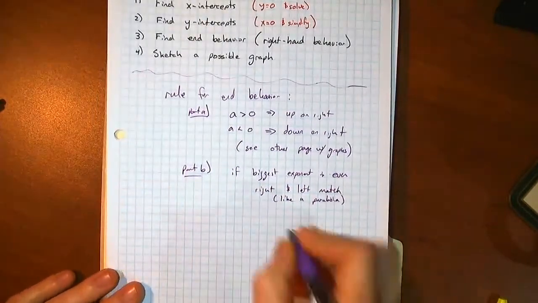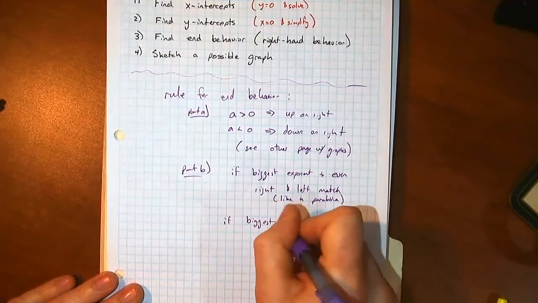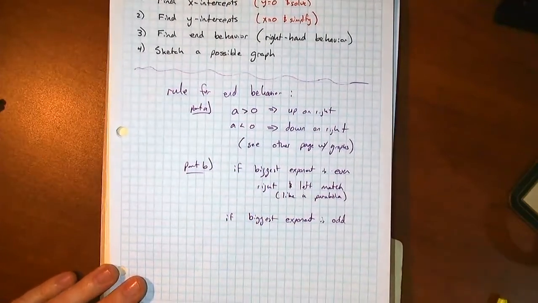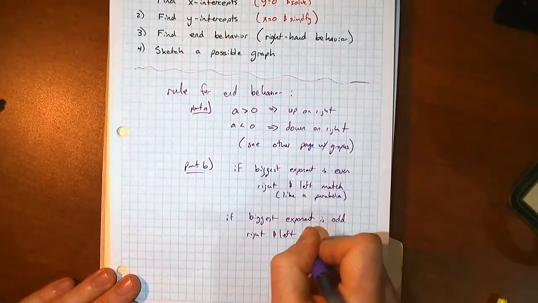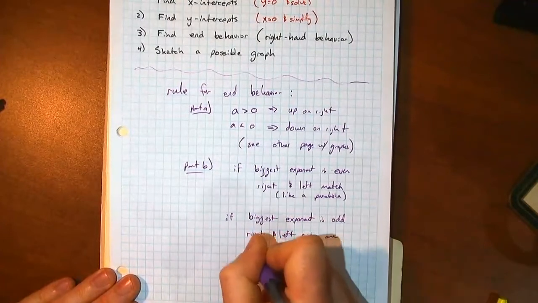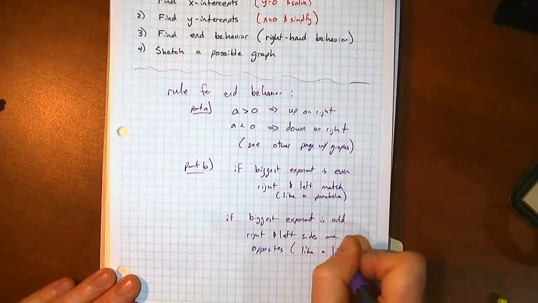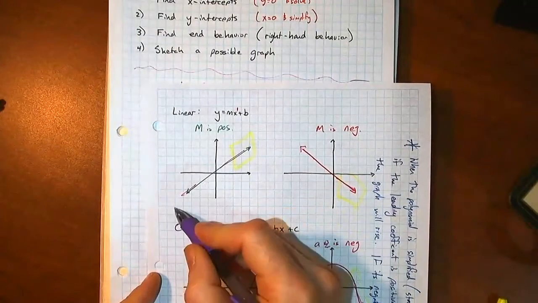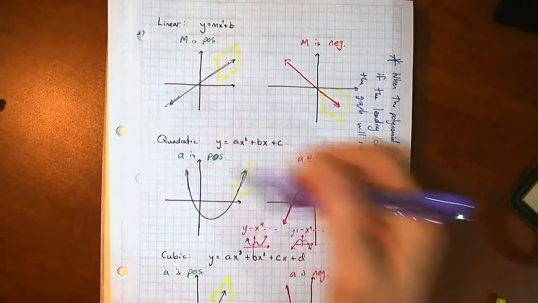But if the biggest exponent is odd, if the degree of the polynomial is odd, then the right and left sides are opposites, like a line. Okay. On a line, when the right-hand side is going up, the left-hand side is going down. On a parabola, when the right-hand side is going up, the left-hand side is too. All right.